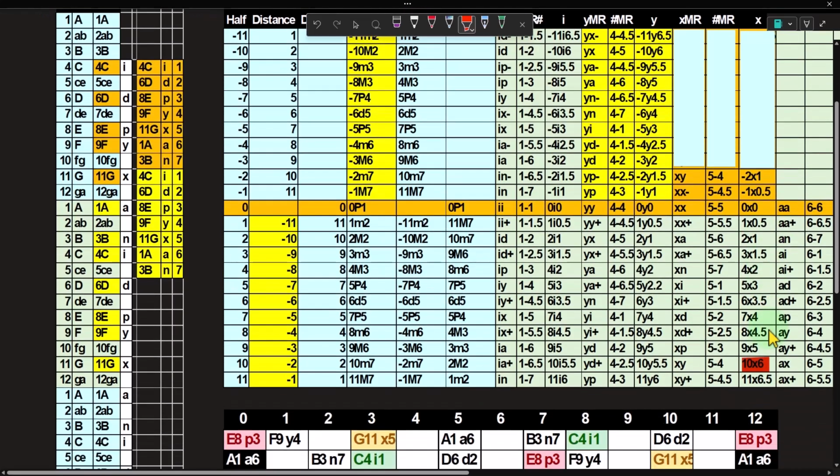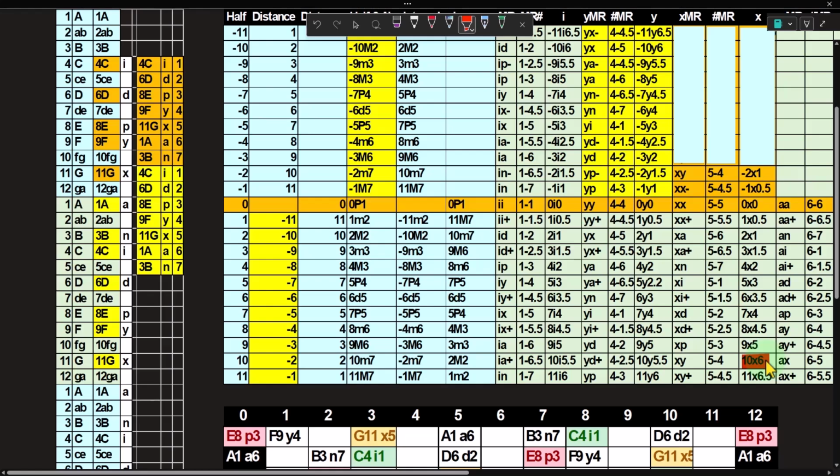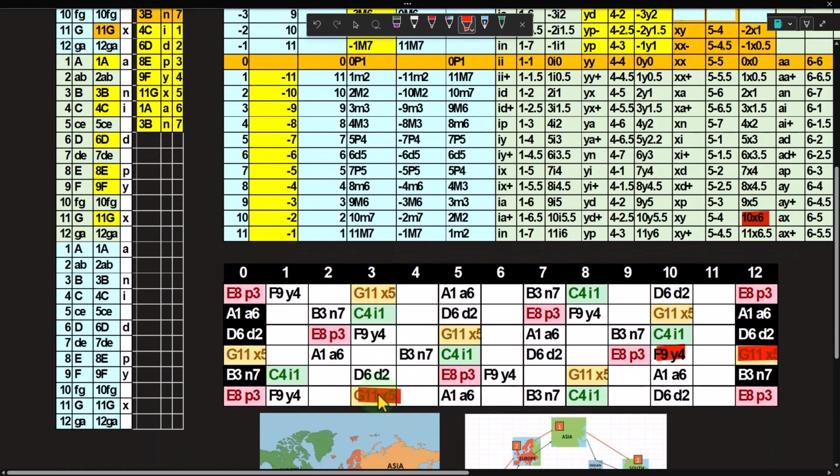7 minus 1 is 6. 6 modal half steps forward, which would be the 7th scale degree. So in other words, if I'm here and I went 6 forward, 1, 2, 3, 4, 5, 6. Wait a sec, I go 10 forward. Undo. 1, 2, 3, 4, 5, 6, 7, 8, 9.